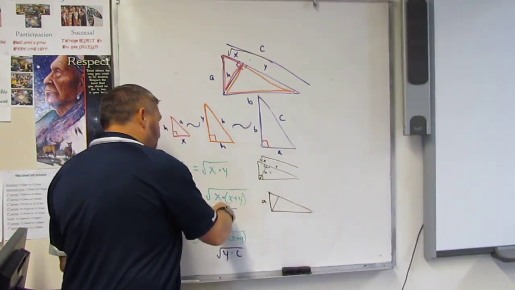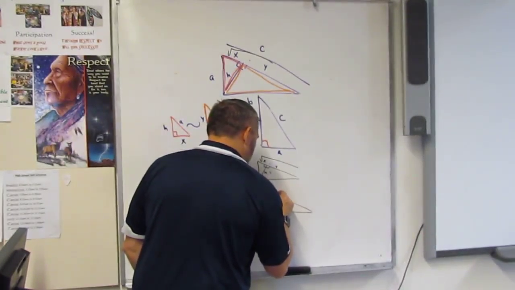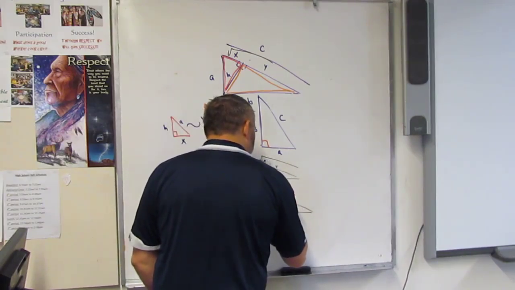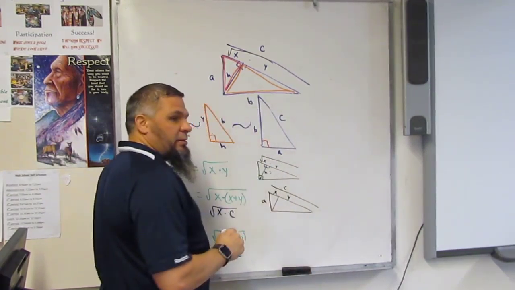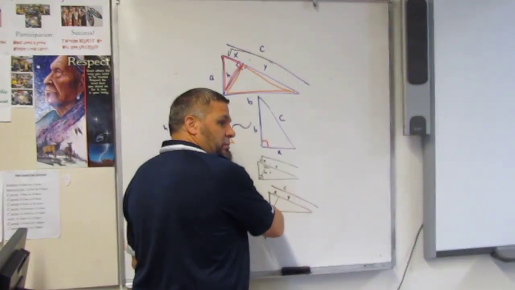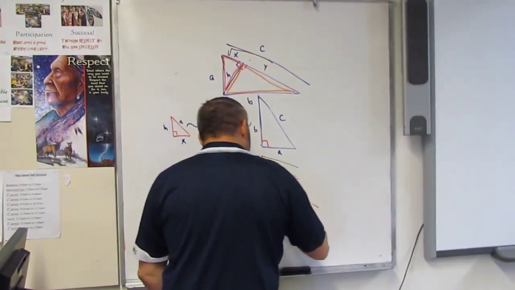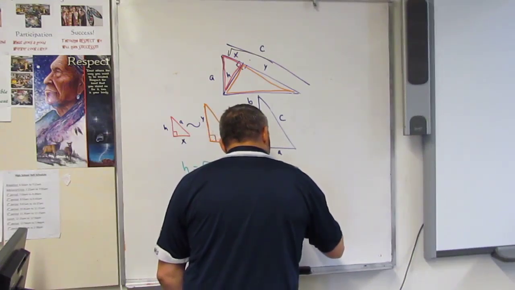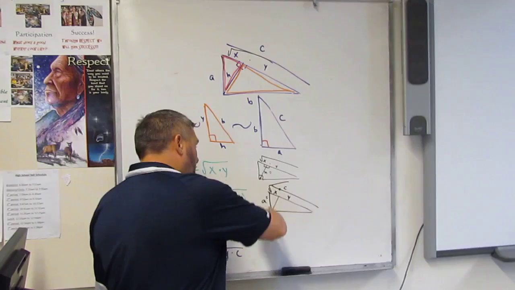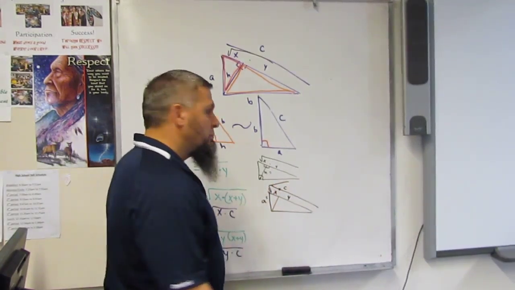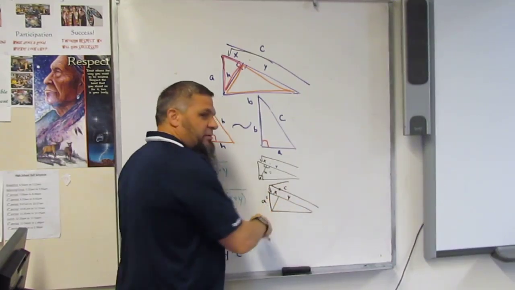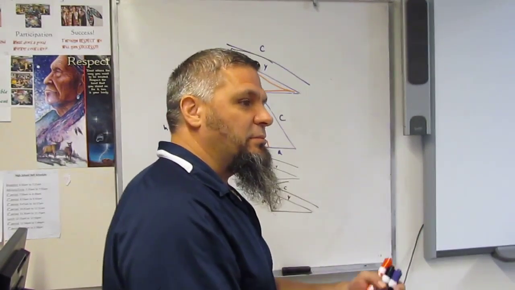A is equal to x, if this is x and y, and then this is C. Because A is on the left, A is equal to the square root of x times C. See how they're all on the left? This is in the middle, left. Guess what happens to the right?